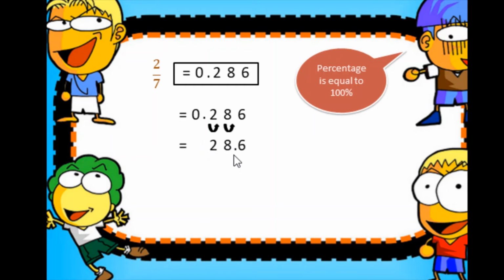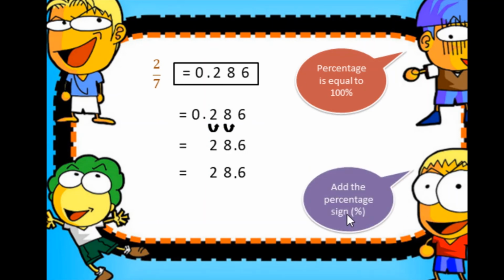The decimal point is between 8 and 6. Okay, and then after, we are going to add the percentage sign. Very good. So 2/7 is equal to 28.6%. Clear? Clear enough?